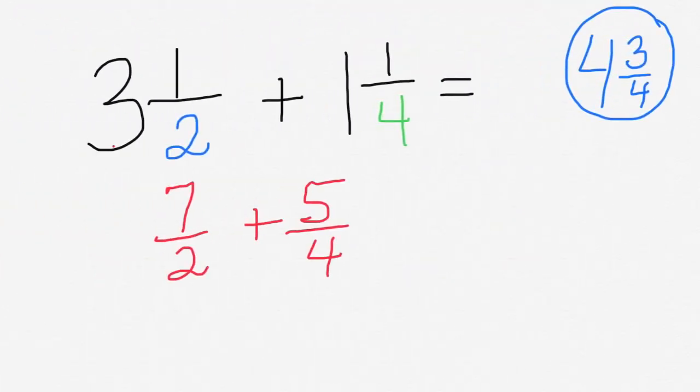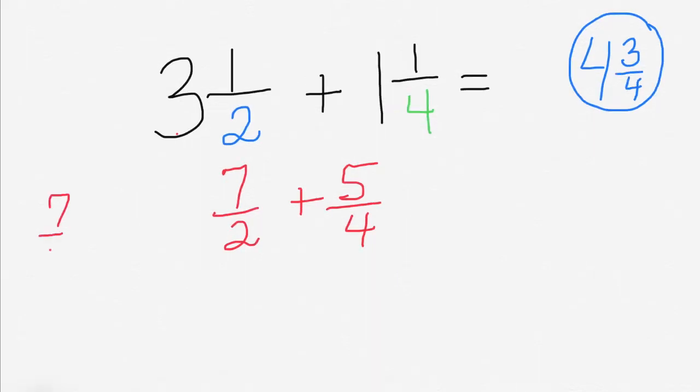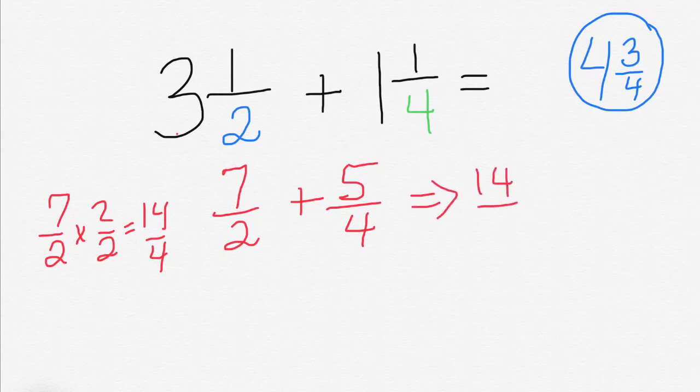So again, we have to get our denominators the same. So I'm going to make this 7/2 with a denominator of 4. So I need to multiply. If I had 7/2 times 2/2, that would give me 14/4. So I'm going to go over here and I'm going to say 14/4 plus 5/4.